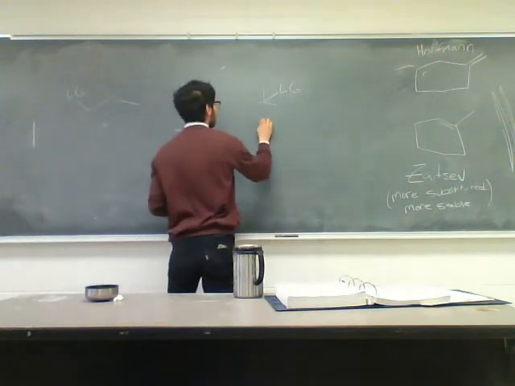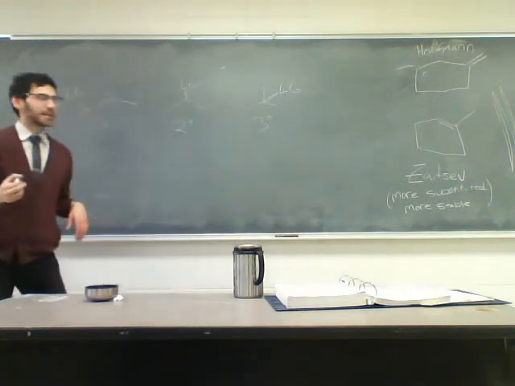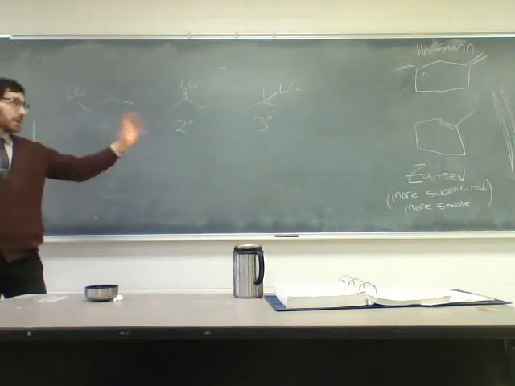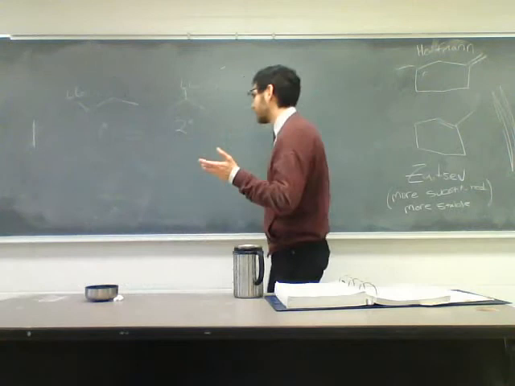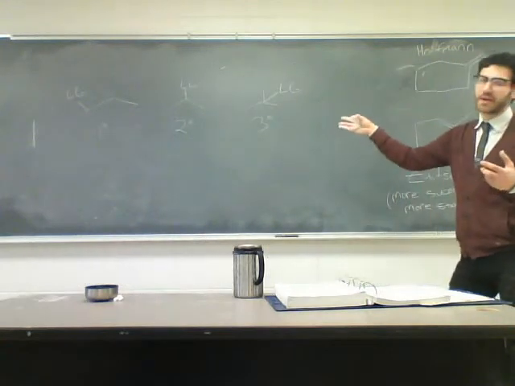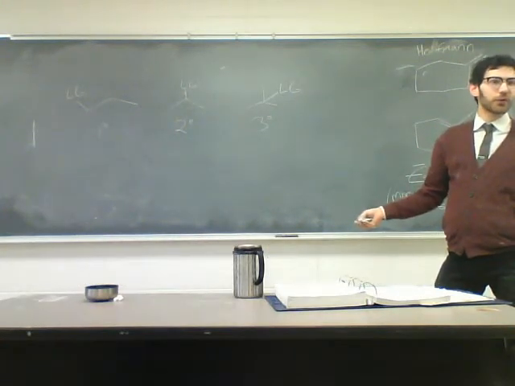Primary, secondary, tertiary. And depending on which position it is, this impacts the rate of our E1 reactions. What do you guys think? Do you think the tertiary one reacts faster or slower?